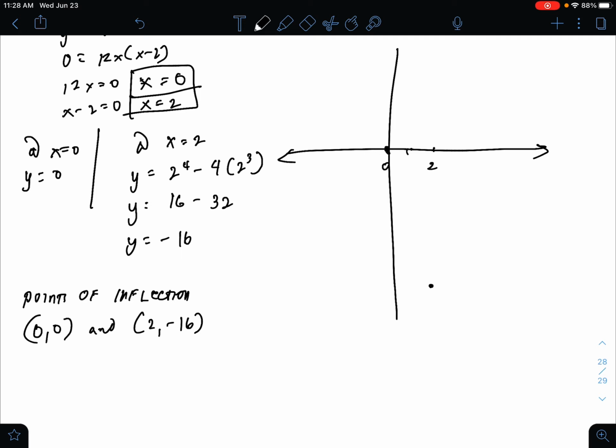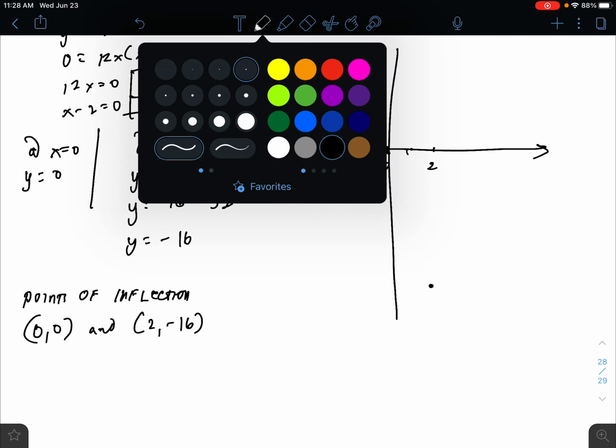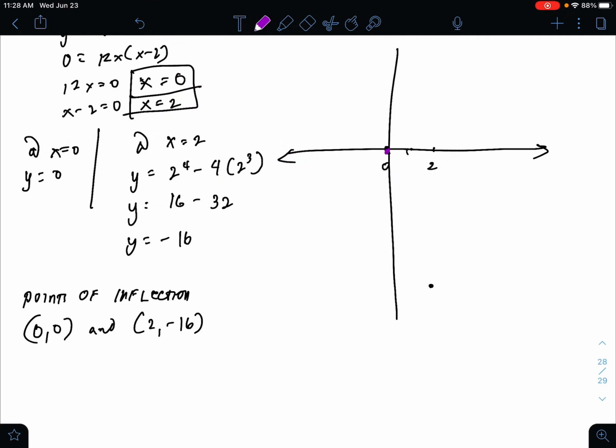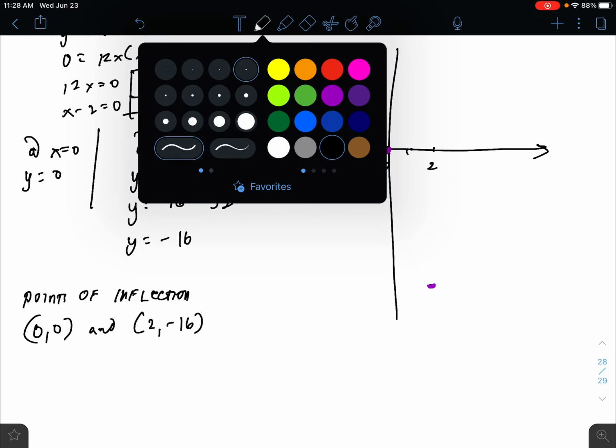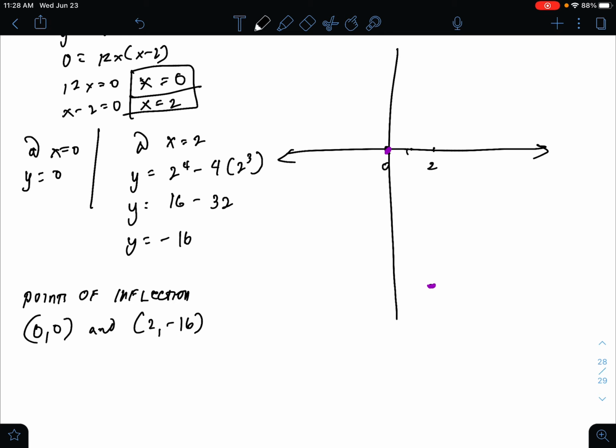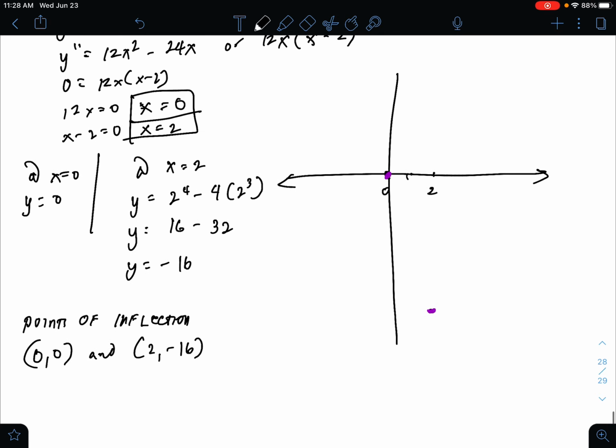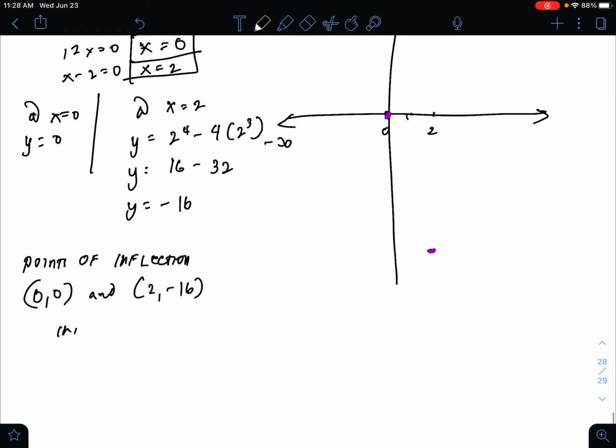Okay? Tulo ka intervals, diri negative infinity to 0 sa ta. Intervals from negative infinity to 0.